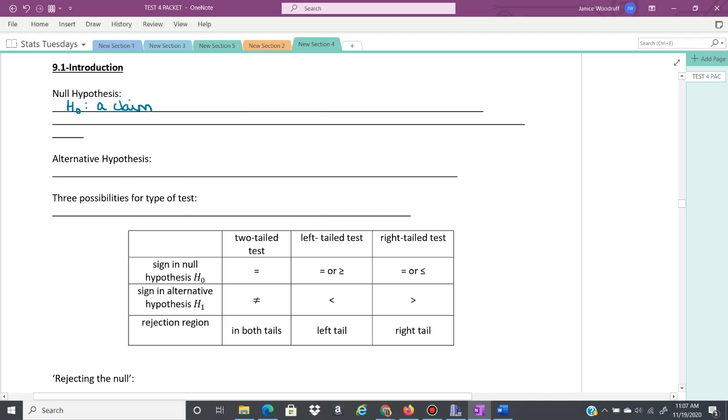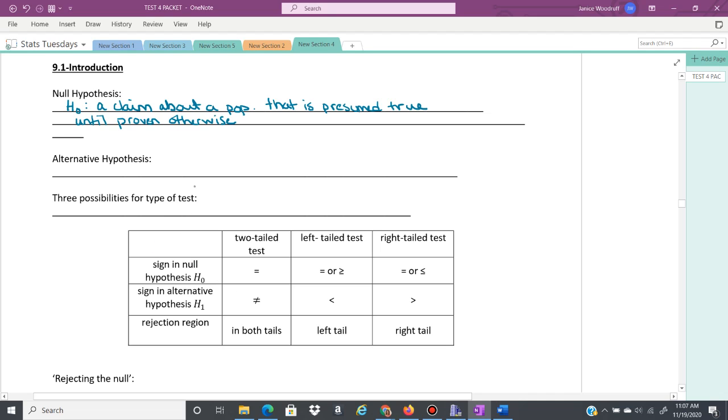So a claim about a population that is presumed true until proven otherwise. Okay, so that's your null hypothesis.